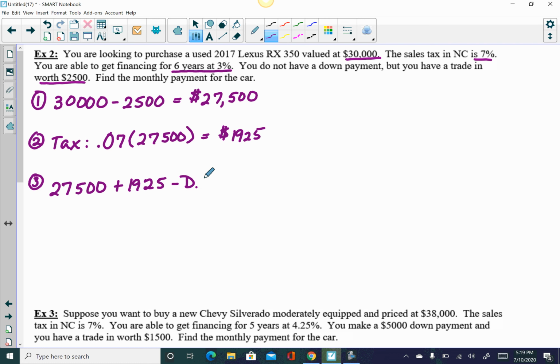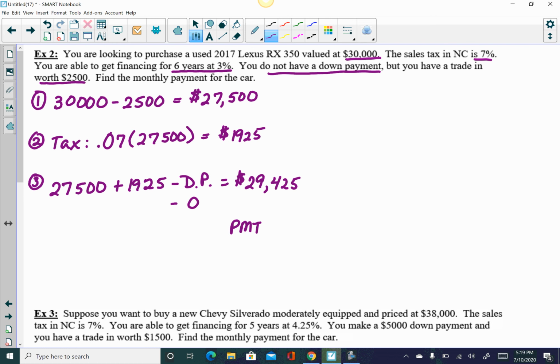The formula says, okay, now you subtract your down payment, but in our case here, we have nothing to subtract because we do not have a down payment, so we'll be subtracting 0. So essentially in this case, you're just saying 27,500 plus 1925, and that's going to put you financing 29,425.